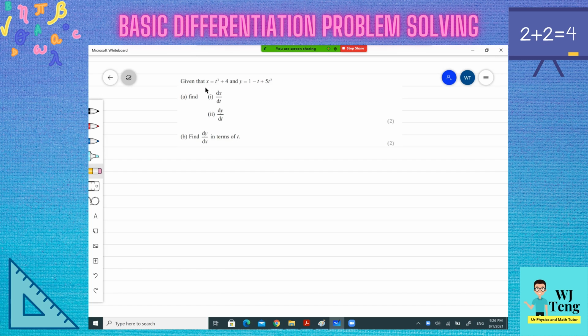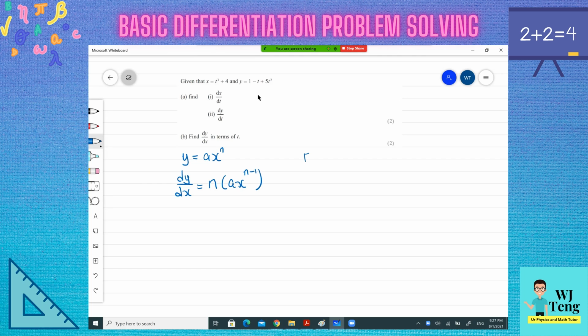So we do know that if you want to differentiate the terms of x with respect to the terms of t here, according to some prior knowledge, if you are given y equals ax to the power n, to differentiate y with respect to x, we first move down the power of x, which is n, by multiplying it, and then the remainder is written back, and the original power of n will reduce by 1.